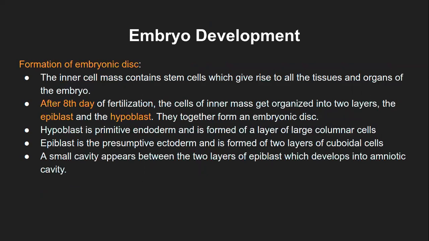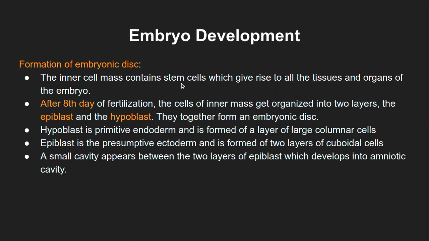Now, what we have as of now is the endometrial wall, which is holding the blastocyst, and that blastocyst has the outer layer of cells called trophoblast or trophoectoderm, and the embryonal knob, which is located close to the endometrial wall. Now, the inner cell mass contains stem cells, which give rise to all tissues and organs of the embryo.